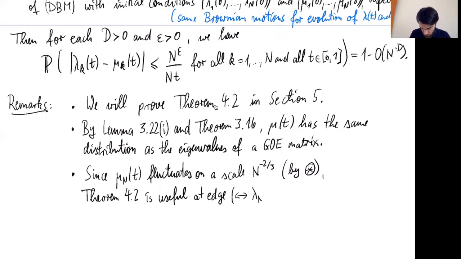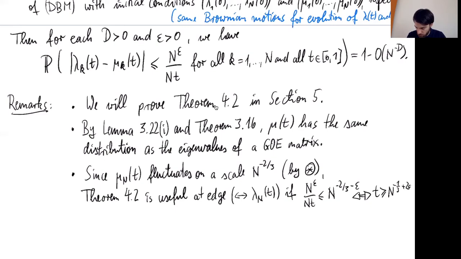So to say something about the lambda n of t, if this n epsilon n times t is a bit smaller than n to the minus 2/3, and then I want maybe just to absorb it by an epsilon in the exponent, that's equivalent to t being bigger than n to the minus 1/3 plus 2 epsilon, right?